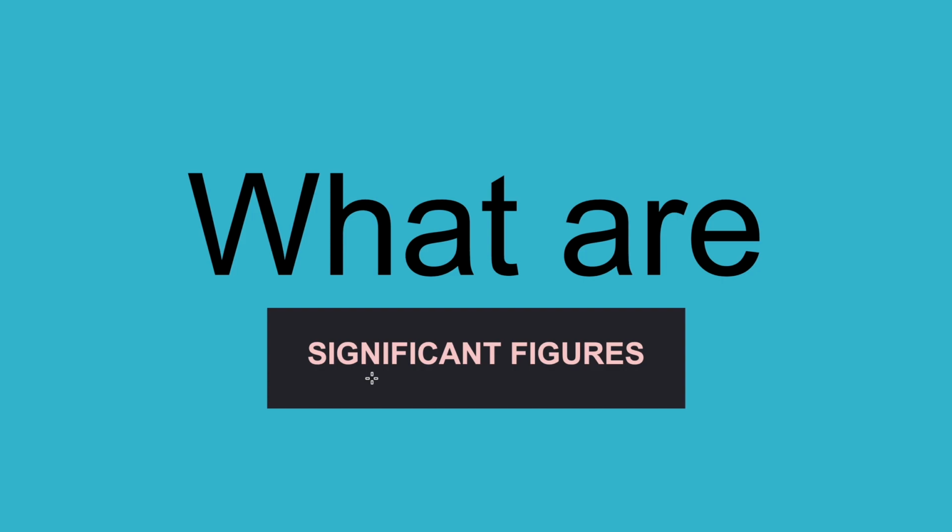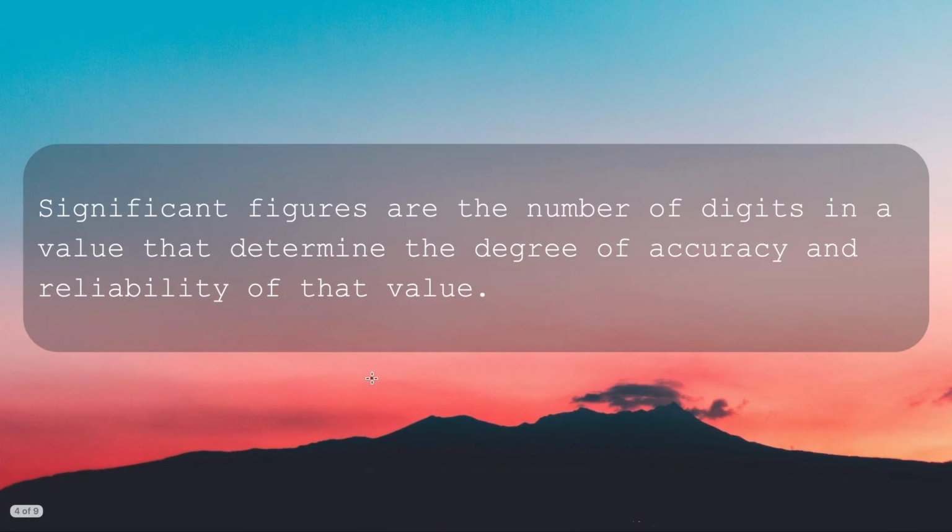So the definition of significant figures goes like this. Significant figures are the number of digits in a value that determine the degree of accuracy and reliability of that value.